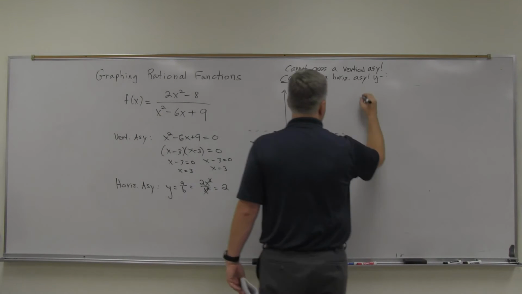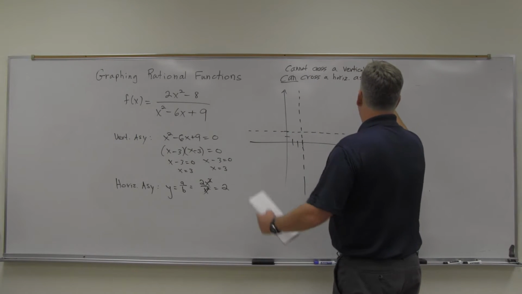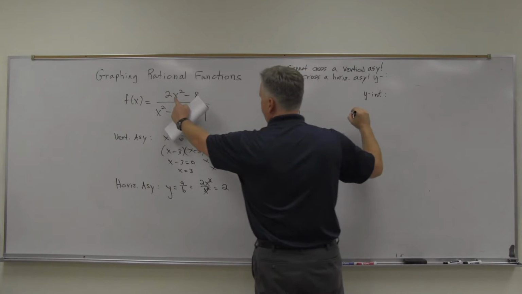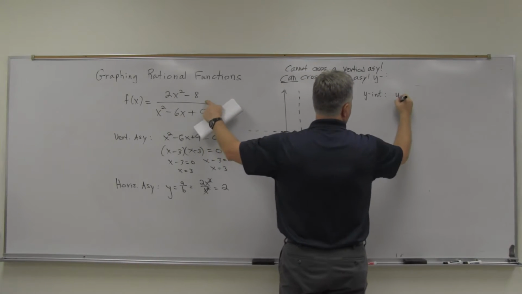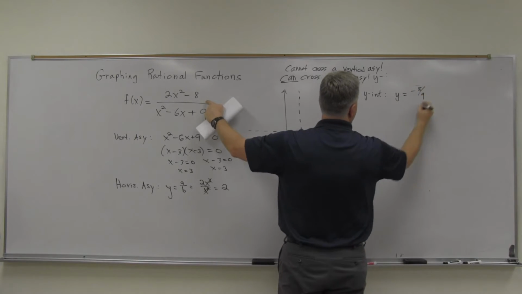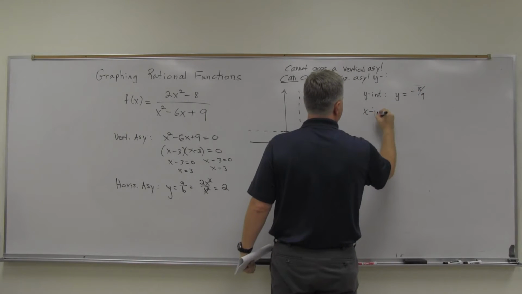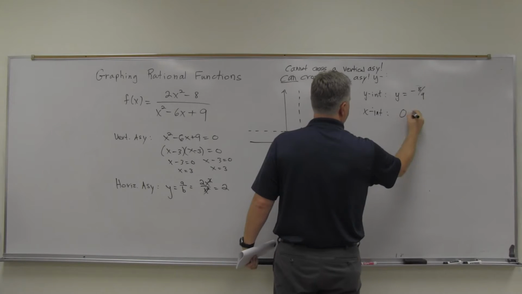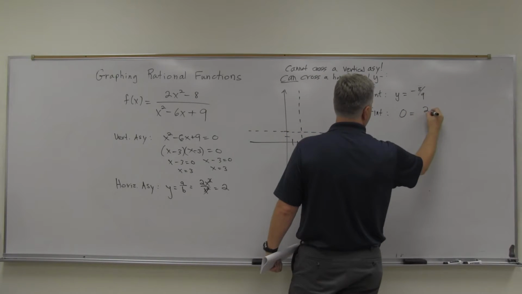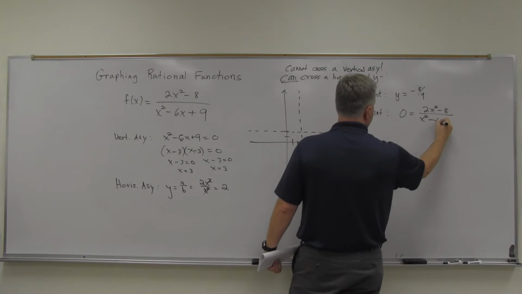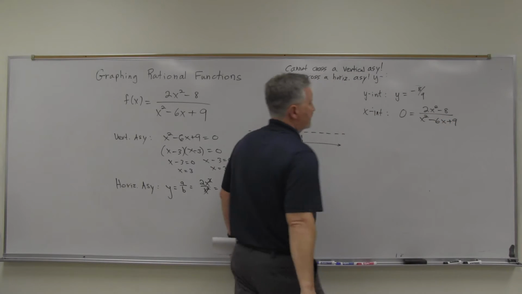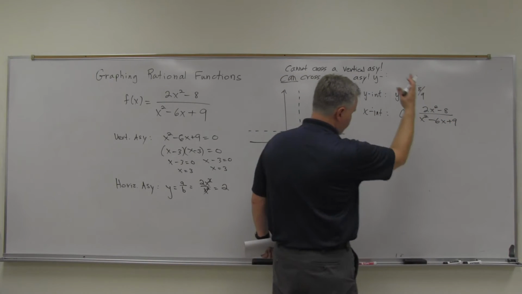For the intercepts, the y-intercept is where x is 0, so that's 0, that's 0, that's 0, so it's negative 8/9. The x-intercept is where f(x) = 0.